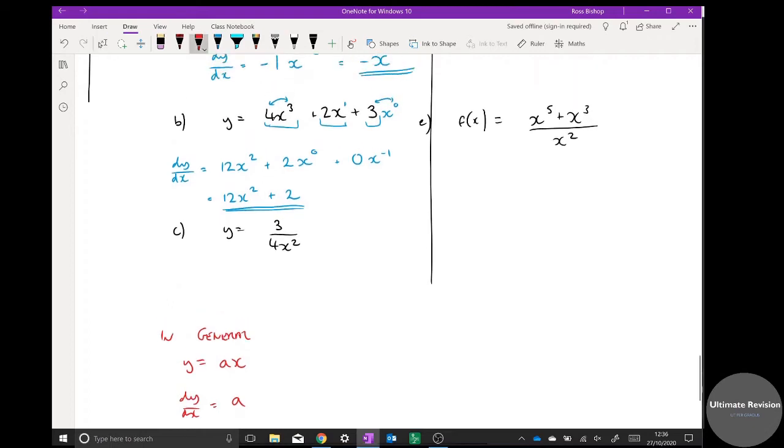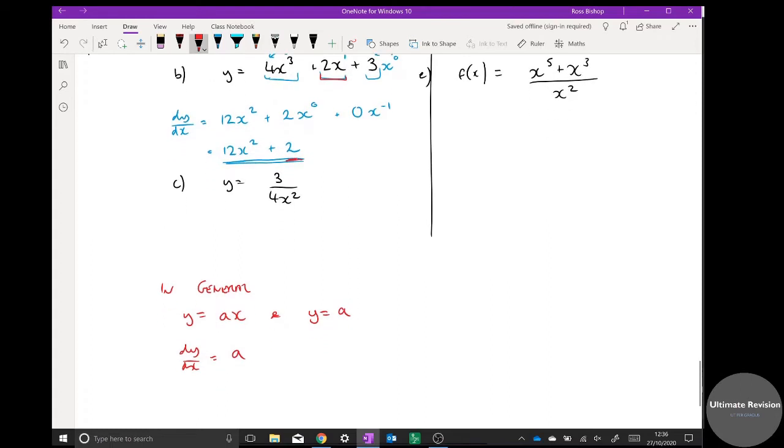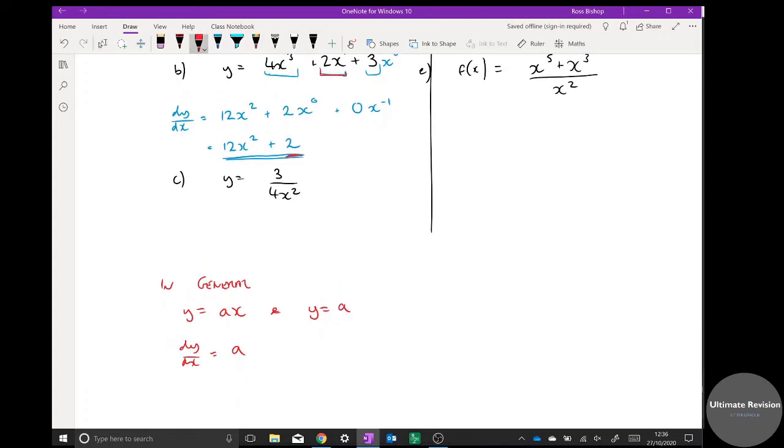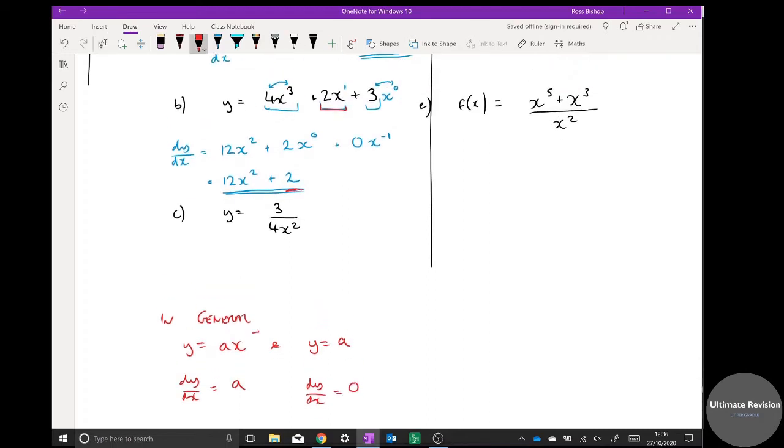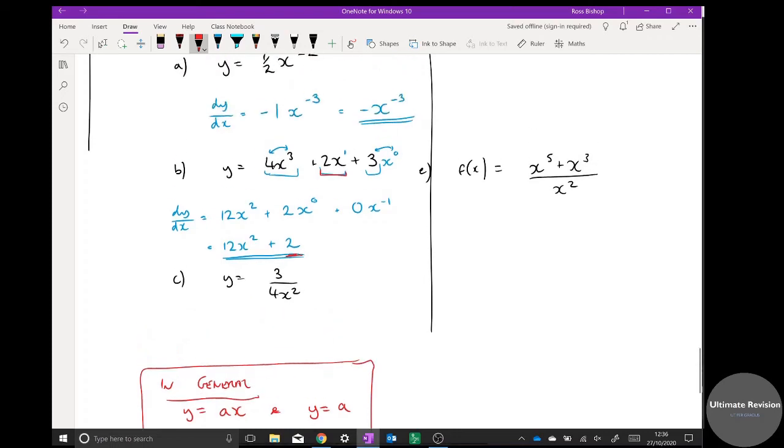Like here, when y equals 2x, it was just 2. And also, if y equals just some constant, something like 3, then dy dx just becomes 0 for that particular term. So that again is well worth copying up, that little box. So over here, the 3 just became 0 because it's a constant. The 3 has no effect on the gradient because it's just shifting the curve up or down.